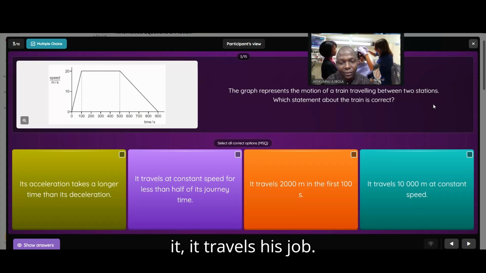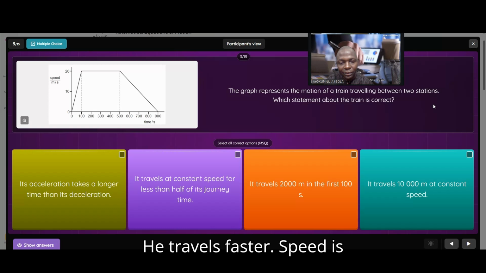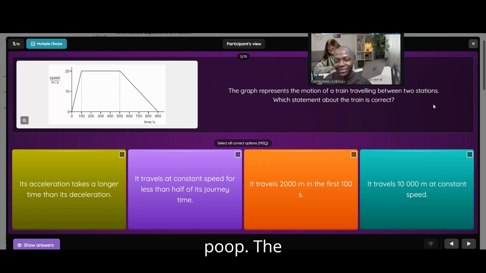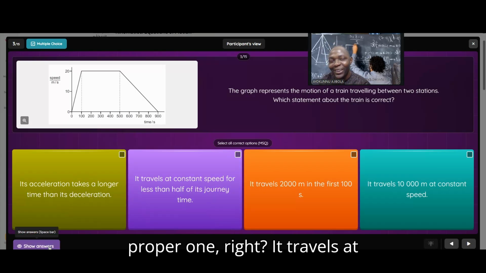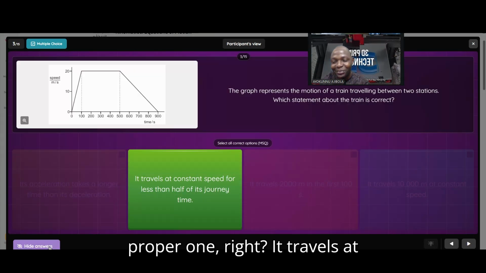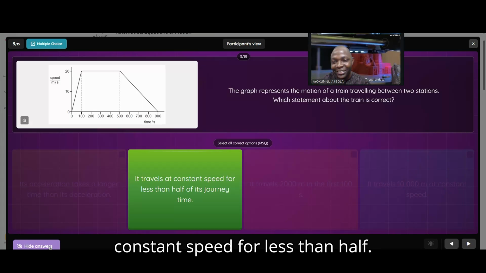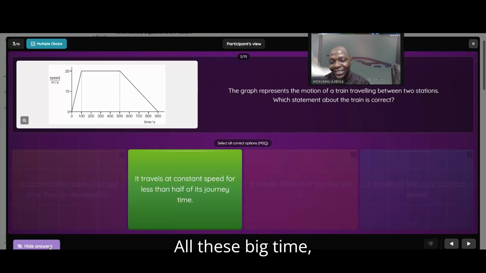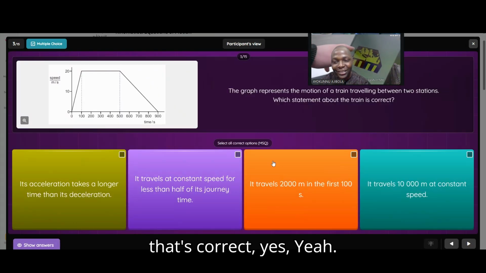It travels at constant speed... the purple one. The purple one, right? It travels at constant speed for less than half of its journey time. That's correct.